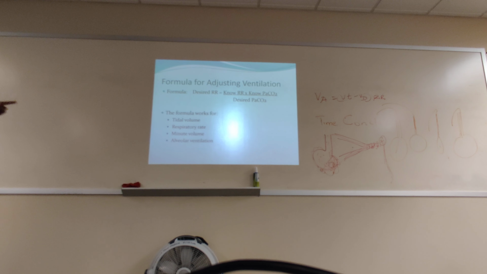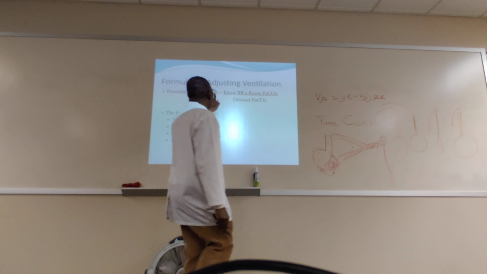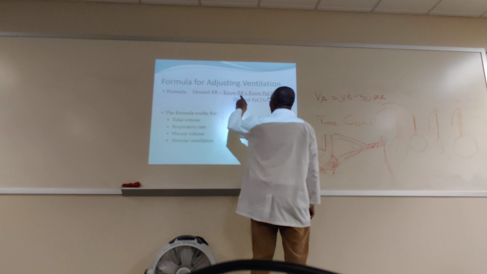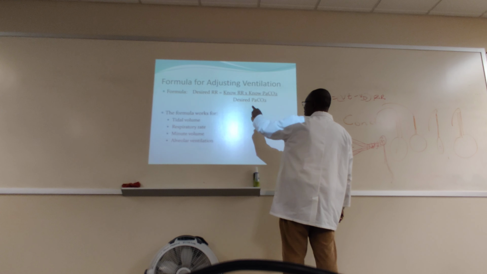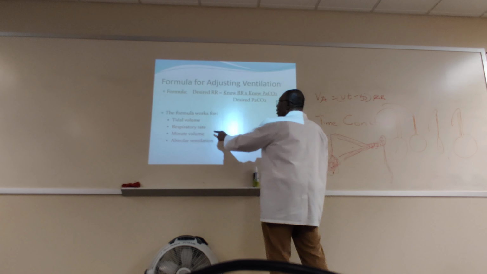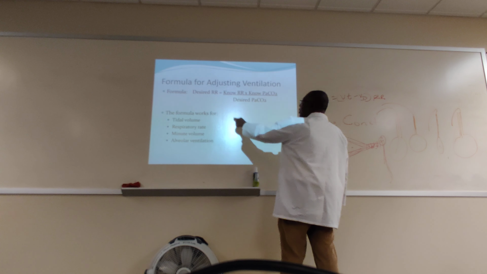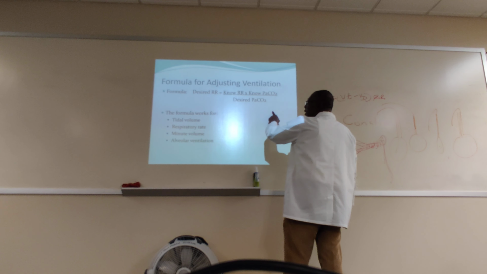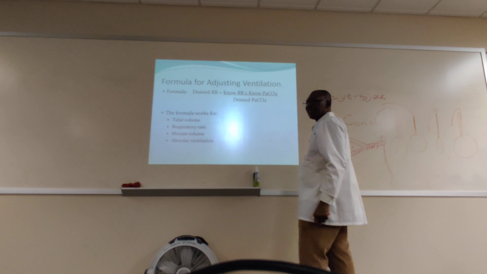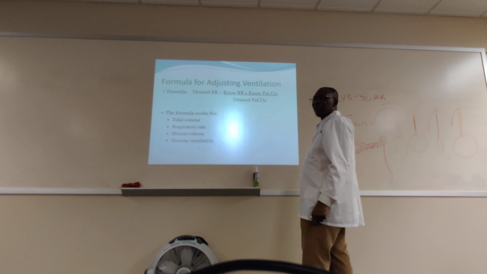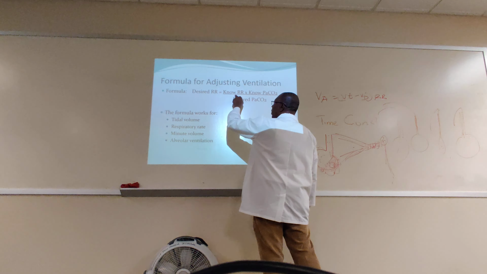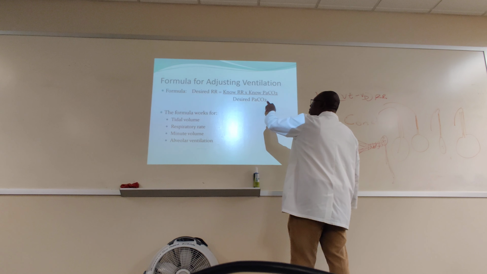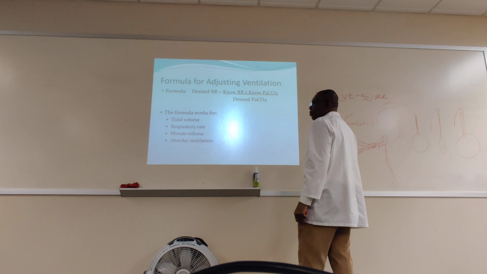If I'm doing tidal volume, it will be desired tidal volume equals known tidal volume times known CO2 divided by desired CO2. Respiratory rate affects ventilation, so we already got the respiratory rate.